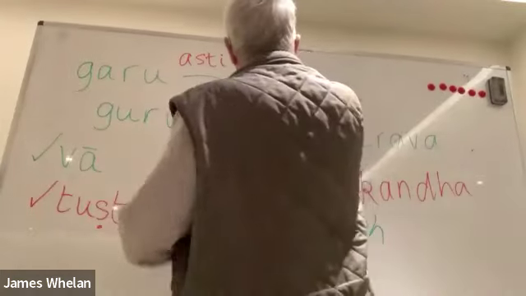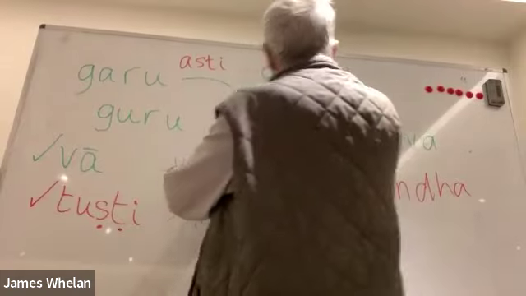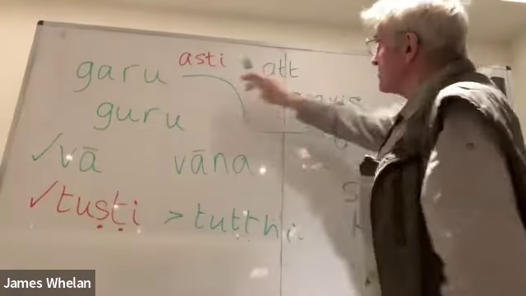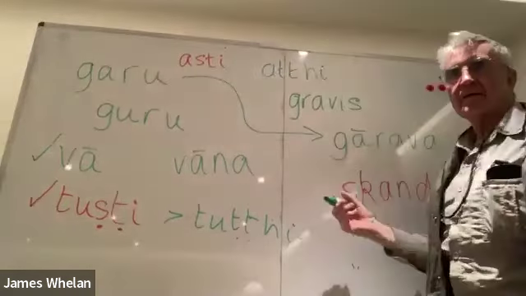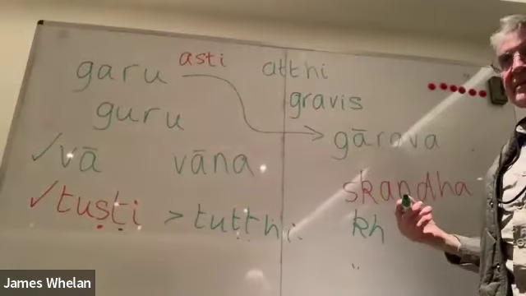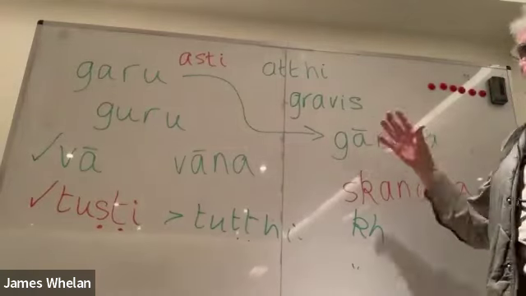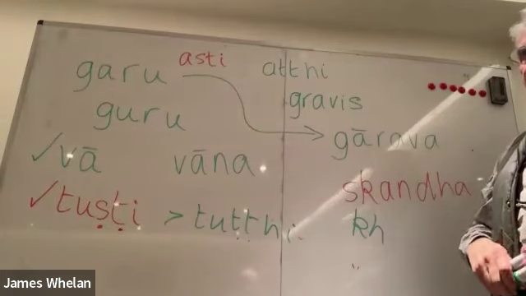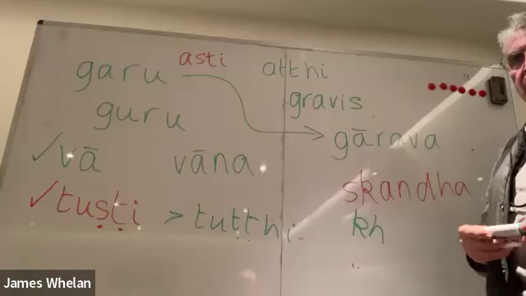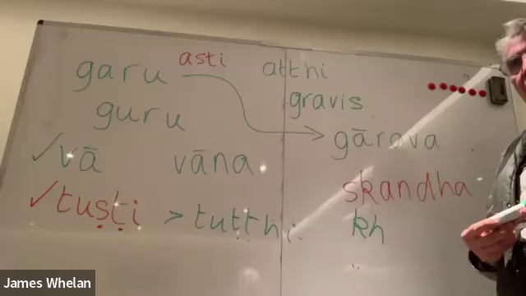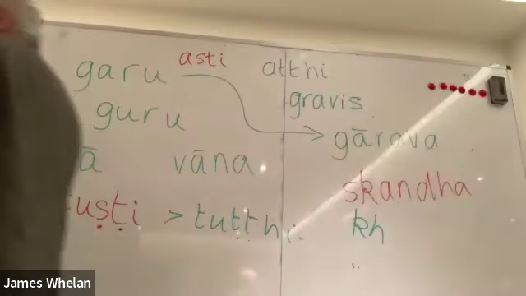Again, the consonant cluster becomes a double t, but the loss of the s is compensated for by making it an aspirate. So asti in Sanskrit, atthi in Pali. And this is such a regular phenomenon across the languages, you can say it's a rule. But it's natural to want to breathe out at that point.